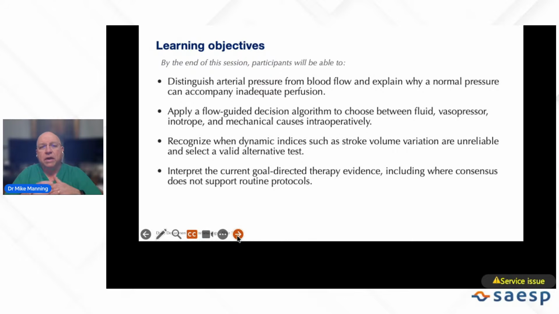And then we'll talk about flow-guided decision algorithms that I use in my clinical practice and try to highlight some of the dynamic indices such as stroke volume variation and when they're unreliable and how to select a good test to make sure that the data you're getting is accurate. And then we'll go through some cases to highlight the current goal-directed therapy evidence.